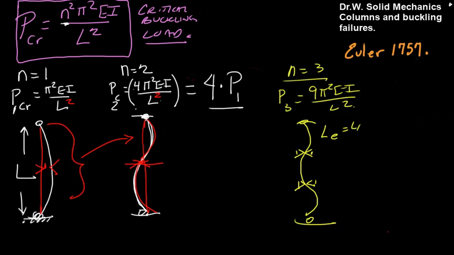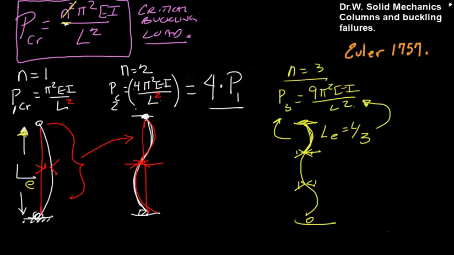However, if you call L effective L on 3 and use our original formula, there's our half of a sine curve. This is going to give us the same solution anyway. So you'll generally see the equation written without the n squared, with the understanding we're going to look for L effective to make the equation work under any circumstance that we might have.